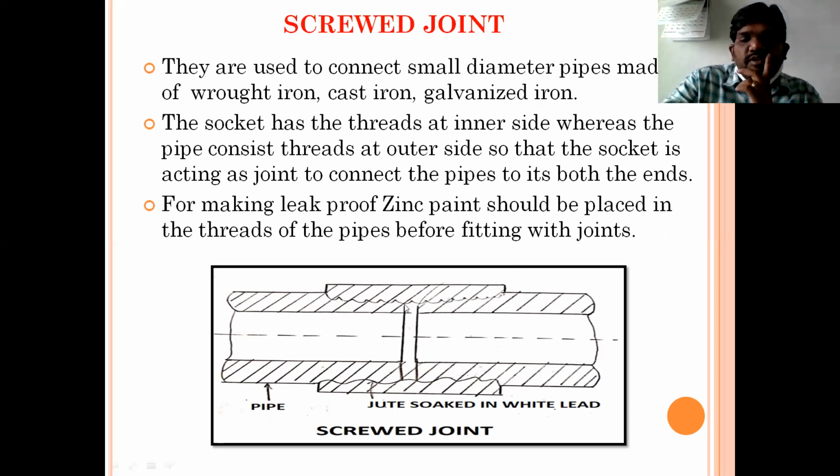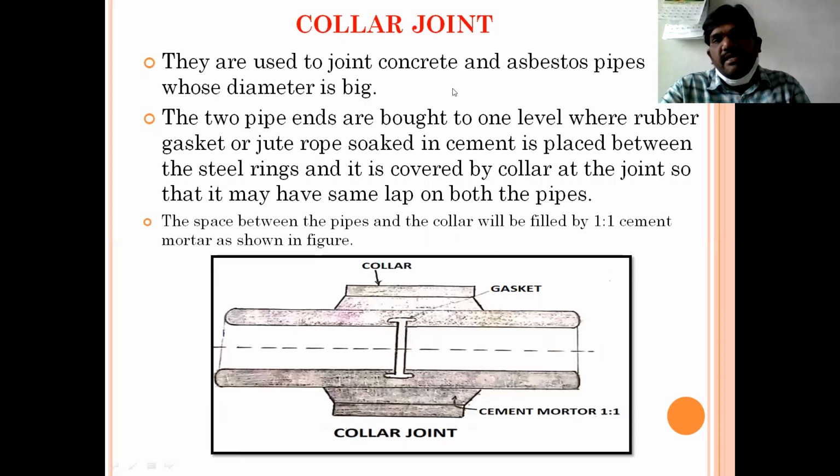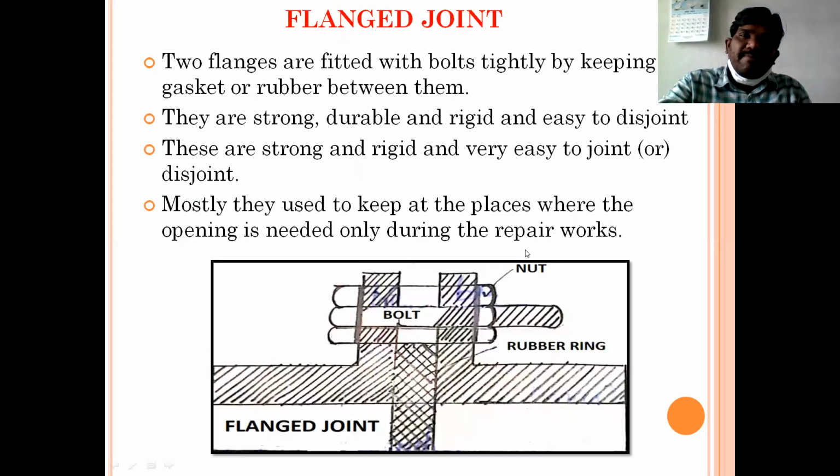For leak proofing, zinc paint should be placed on the threads of the pipes before fitting the joints. Collar joint: one rubber gasket or jute rope soaked in cement is kept here. Above that, 1:1 cement mortar is kept. Above that, one collar is provided to make the joint more tight.